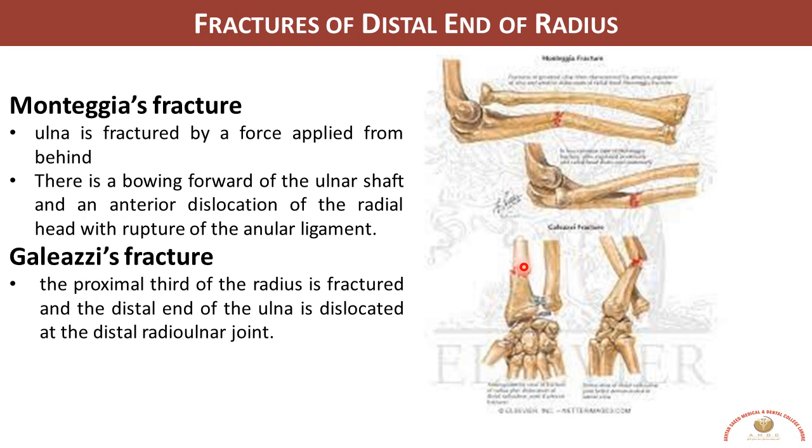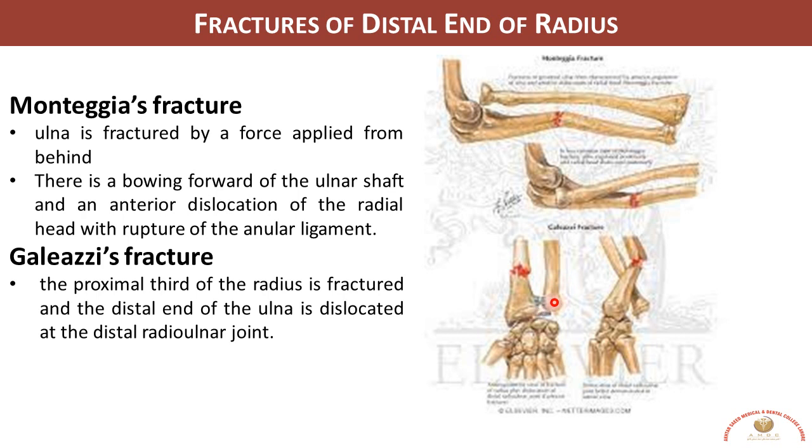Now Galeazzi's fracture. Galeazzi's fracture is totally the opposite of Monteggia's fracture. It's a reverse of that. Remember this thing: in Galeazzi's fracture there is a fracture of the proximal third of radius. Here you can see the proximal third of radius is fractured and the distal end of ulna is dislocated.